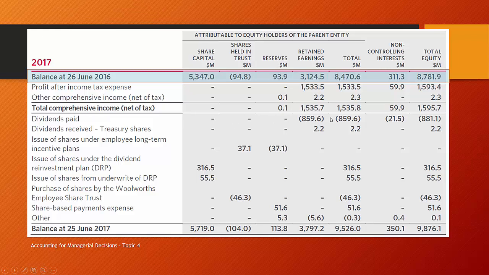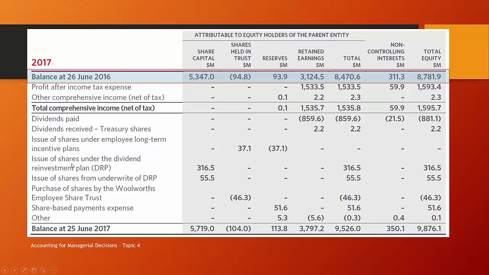We then have dividends being paid, which is the big outflow. So dividends going out in this particular year comes out of retained earnings. And that's what dividends are. Dividends are a distribution of profit. Profit ends up in retained earnings, and then it gets paid out of retained earnings. Lots of other little minor ones which we won't talk about.